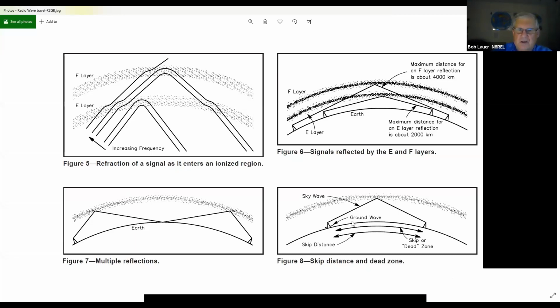One is simply plain old ground wave, down in the lower right-hand corner, where you're communicating at eye level. Then there's sky wave, where you're bouncing it off the atmosphere.